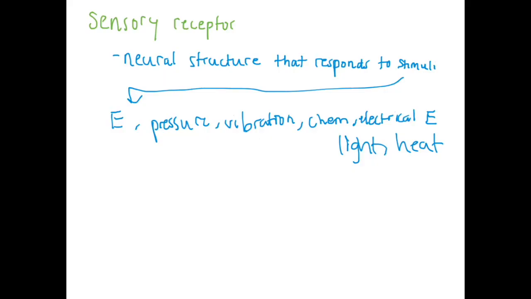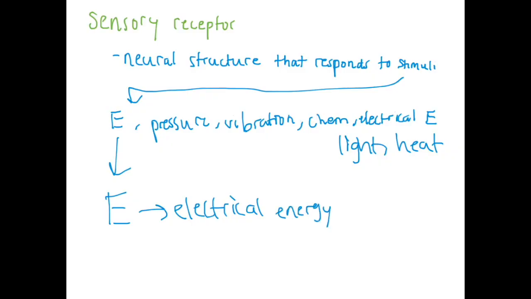A sensory receptor is going to take whatever this form of energy is, all of these things, and convert it into electrical energy. We know our body runs off electrical energy, these action potentials, which are just the movement of charged ions across membranes. This conversion of any form of energy to electrical energy, we call transduction.